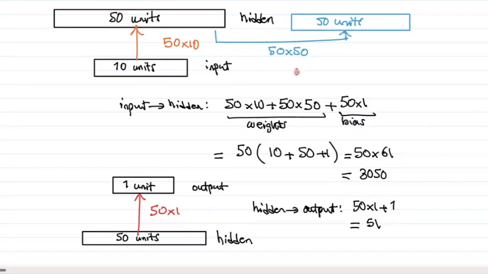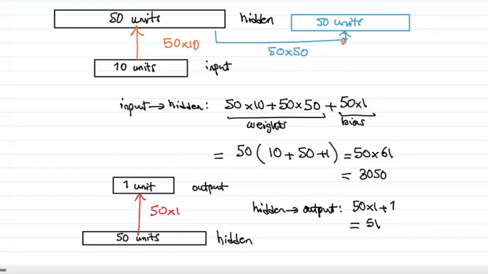And that will give you 50 times 50 weights or parameters. And as always, we also have to consider the bias terms, and that's exactly how many neurons we have here, and that's 50 times 1. So why didn't I consider 50 times 2? Because when I represent this, with 50 units here and 50 units here on the right side, this is not really the case.